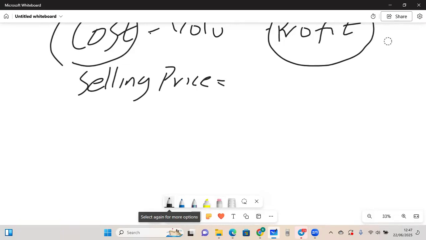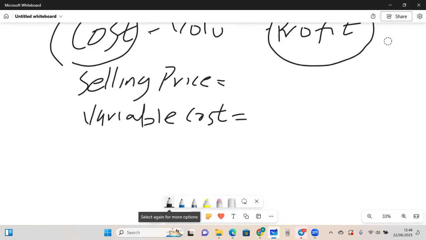So we can look at selling prices, which we know to be the price tag that has been placed on the goods and services, right? Then we also look at variable costs. Variable costs are costs that actually change in total.